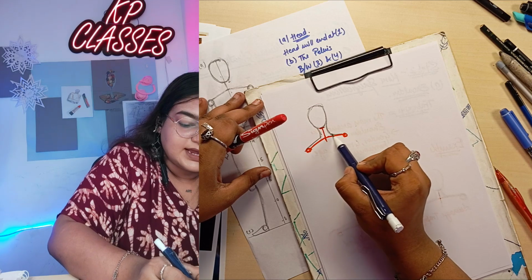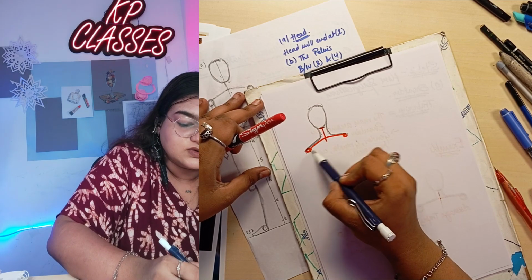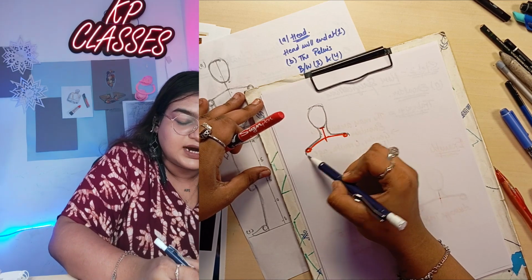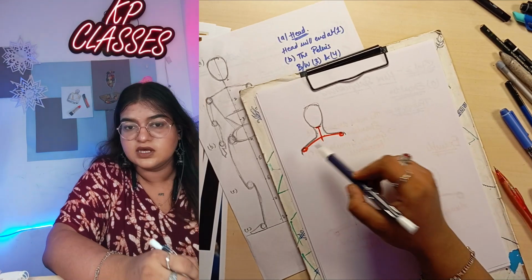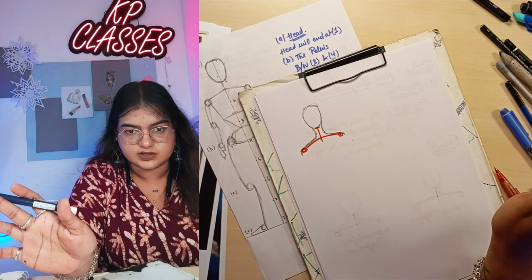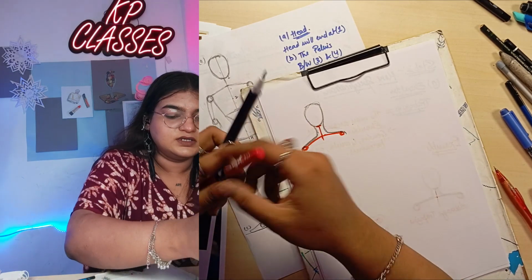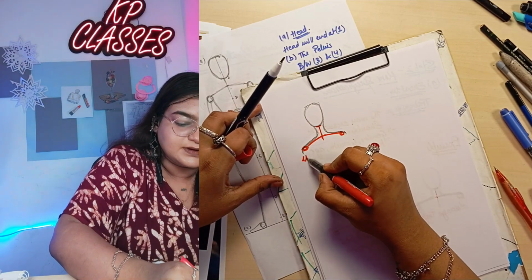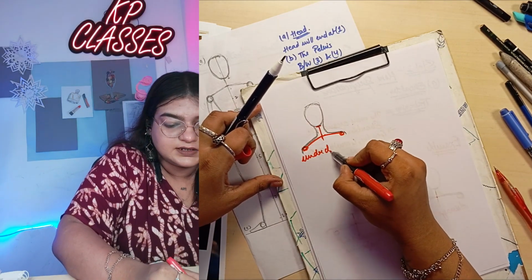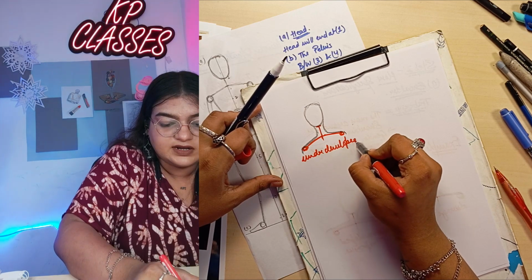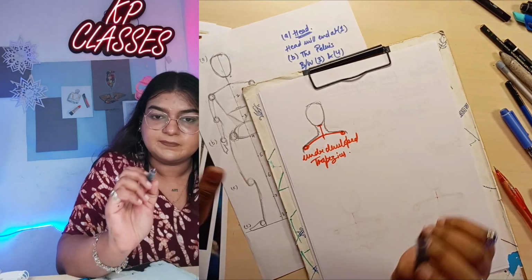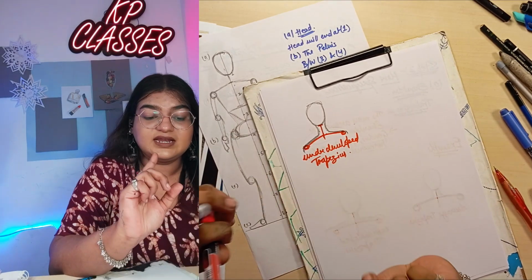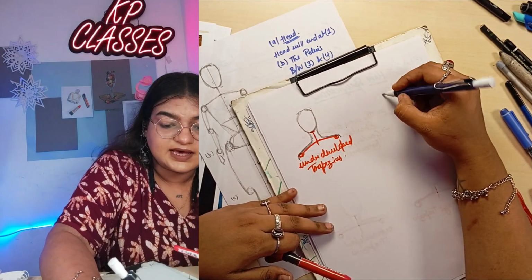And your trapezius will also be very much attached to your bone structure. Right? So again, this line drawing is your bone structure, to be more clear. So we will call it underdeveloped trapezius.